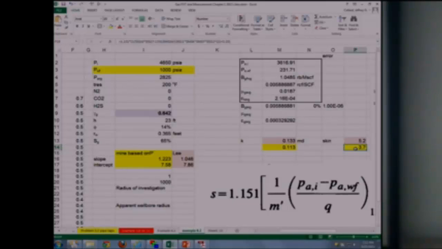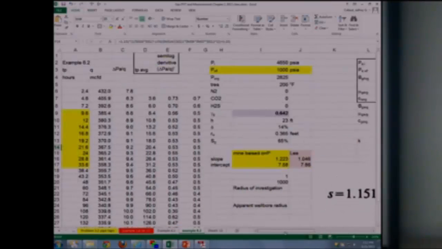What did you use for the Q in the formula? What Q? Oh, we plotted delta P over Q. Q actually varies, but we plotted delta P over Q, so the Q is actually in my plotting variable. That's why we have a little bit of a specialized equation here. Which one will be used for that?